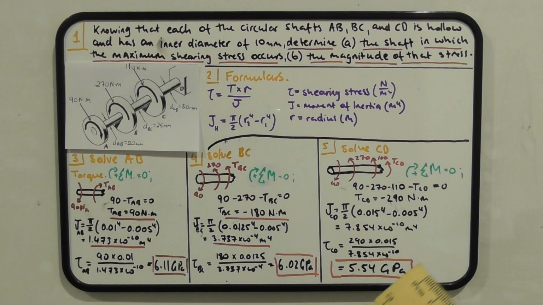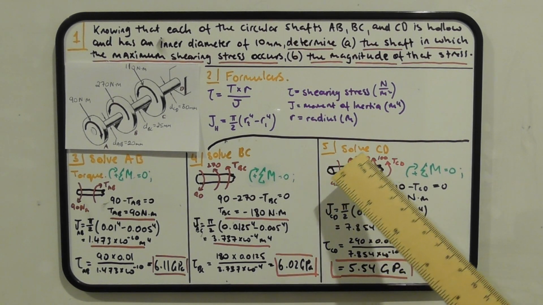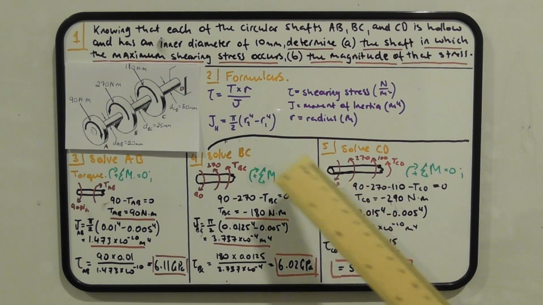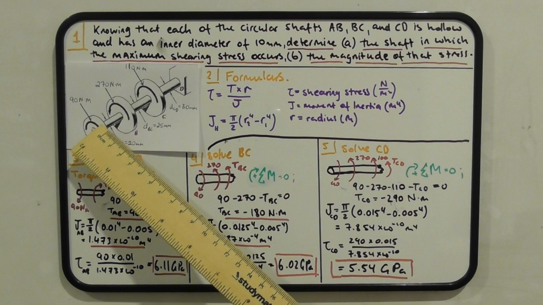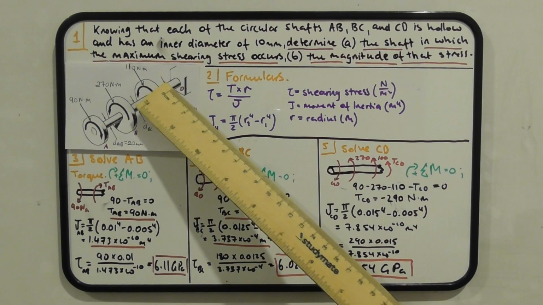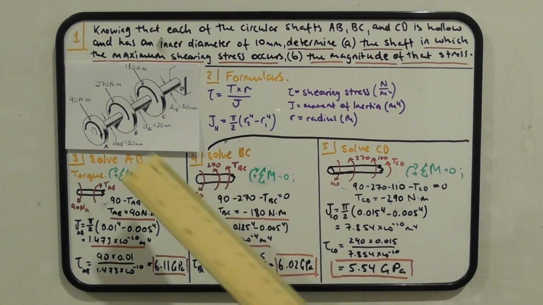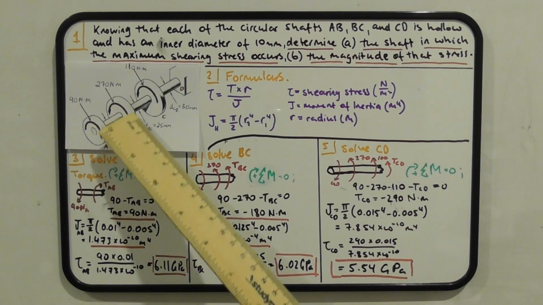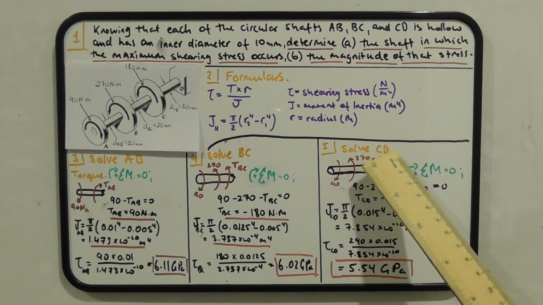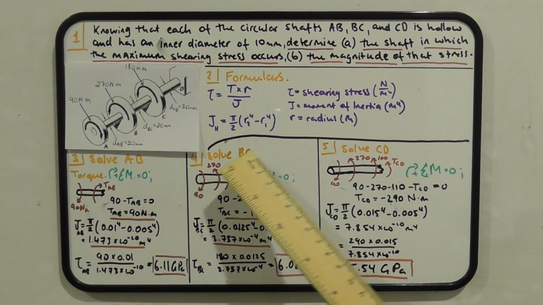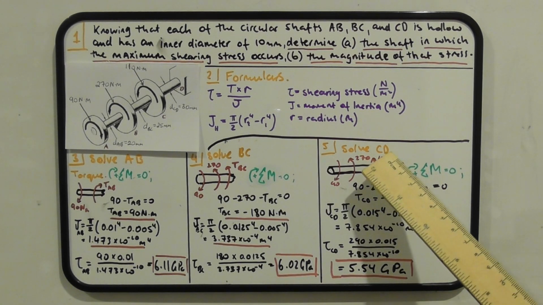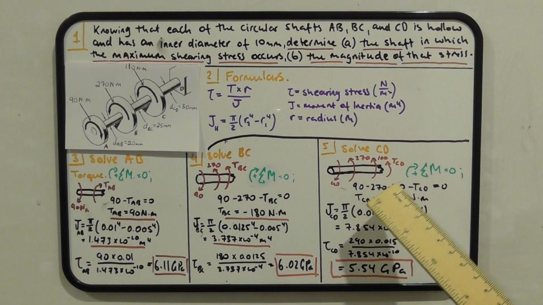Next and last one, we'll be solving for CD, and so we will follow the shaft, and then we cut it between C and D. Then we will apply the torques as shown, and following the original direction we started with, we will draw torque CD in the negative direction.